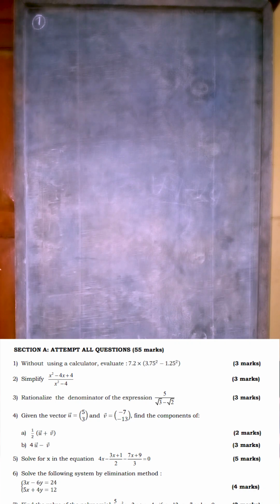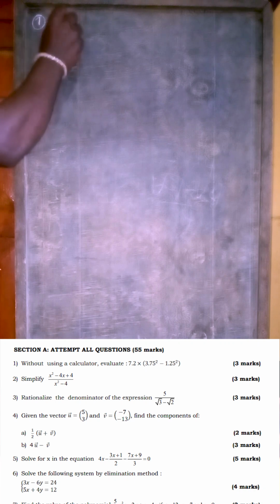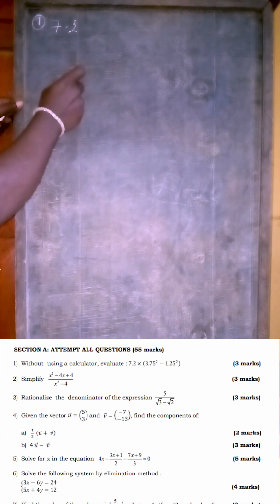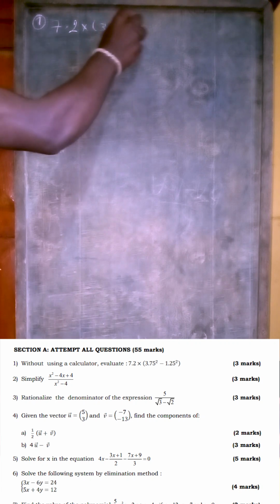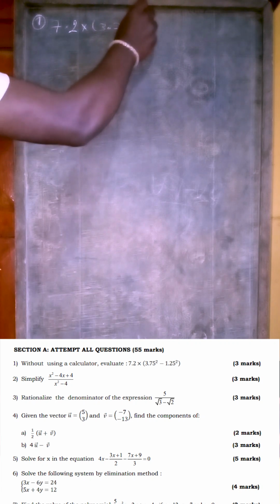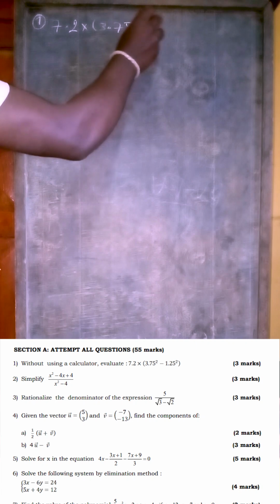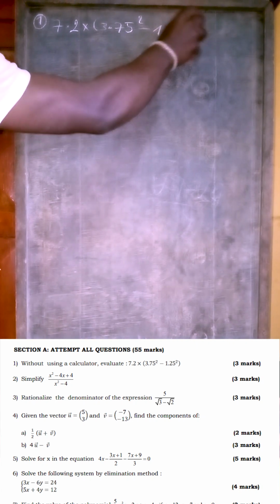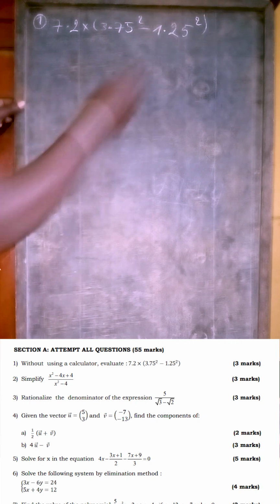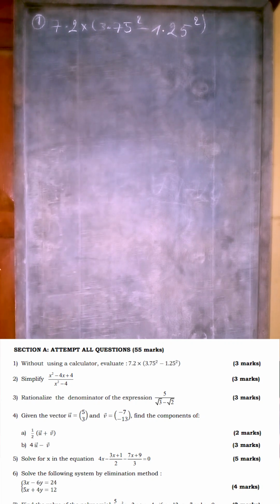The question was to calculate without using the calculator: 7.2 times (3.75 squared minus 1.25 squared), and we have to do this without using the calculator so as to find the solution.